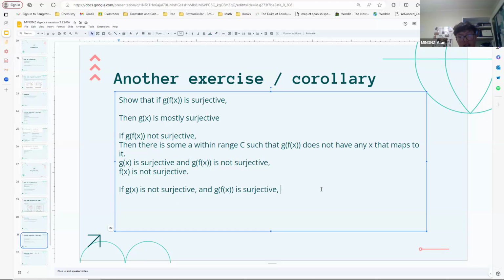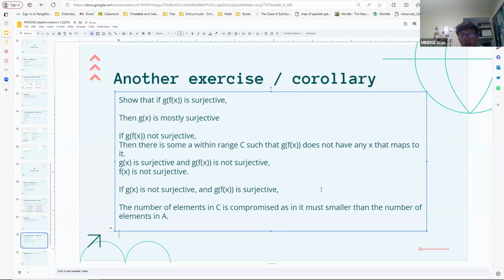This tells us that the number of elements in C is compromised. It must be smaller than the number of elements in A. Because we could view this as basically like a road, but then the road has many cracks in it.